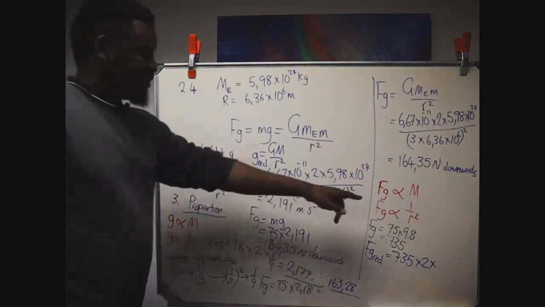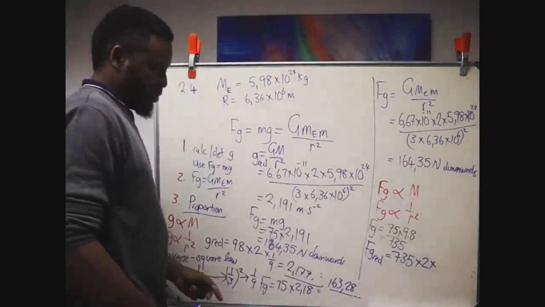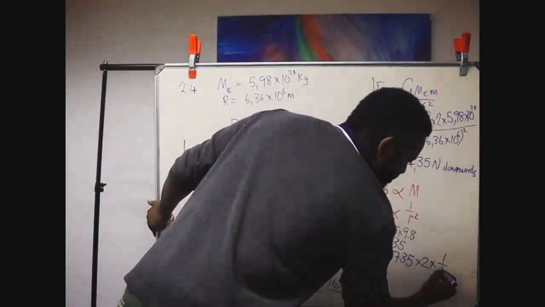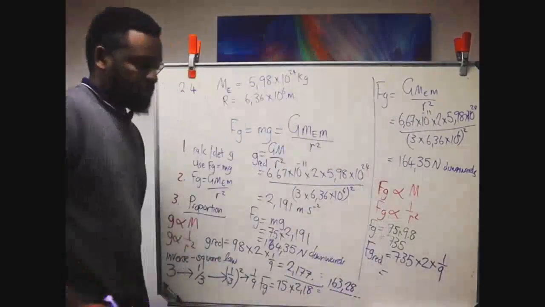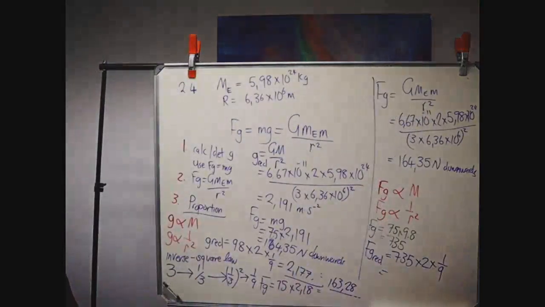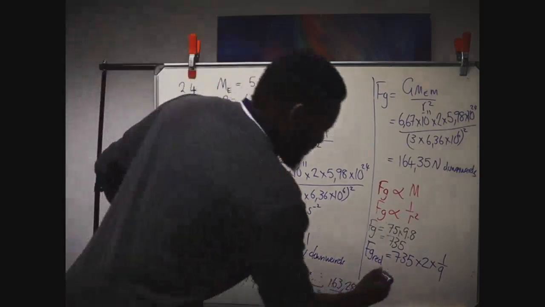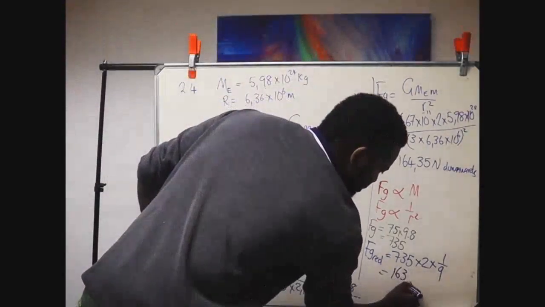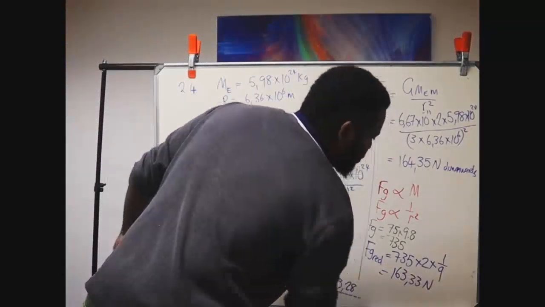It's inversely proportional to the distance squared, so it's going to reduce by 1 over 9. So we're going to have 735 times 2 times 1 over 9, which is 163.33 newtons.